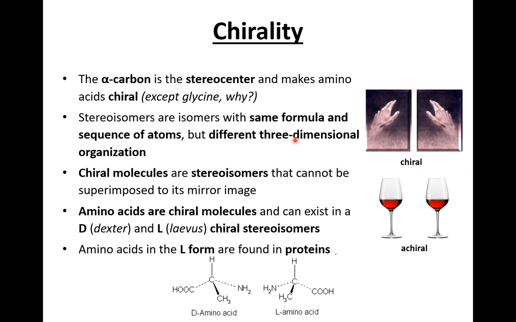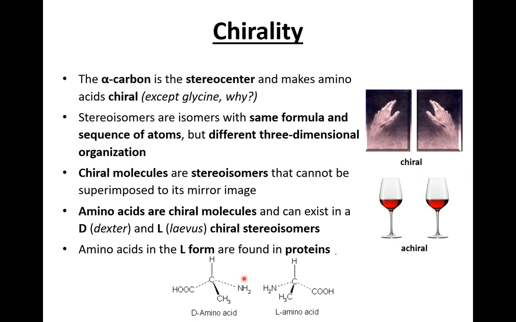Obviously it's the same amino acid, so it has the same formula, and the atoms are attached in the same way, in the same organization overall, as you can see here in these two forms of the same amino acid. But they might have different three-dimensional organization. Having different three-dimensional organization within these isomers makes them stereoisomers.